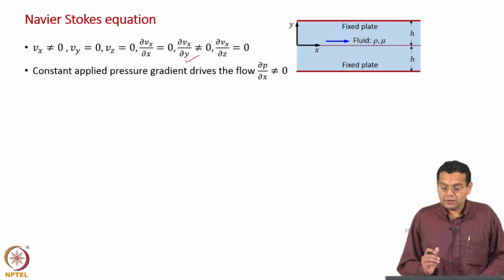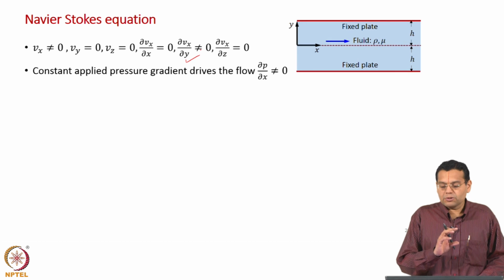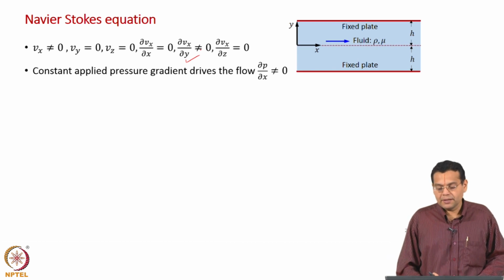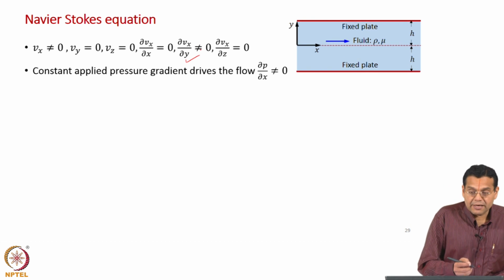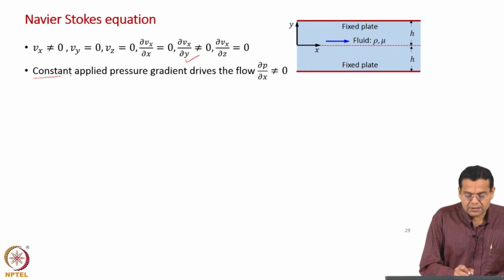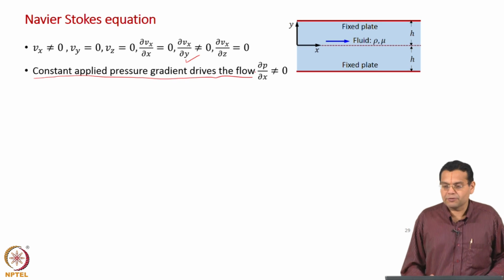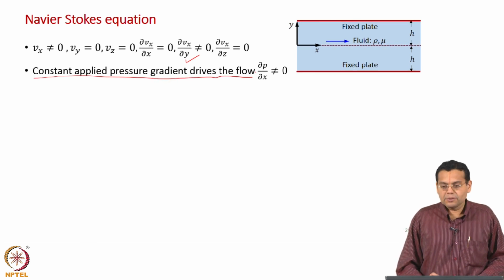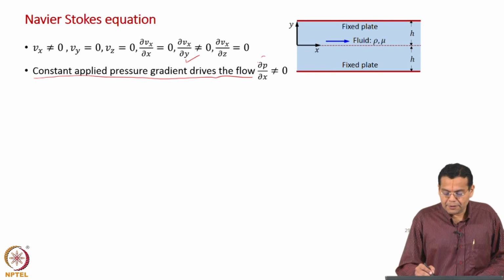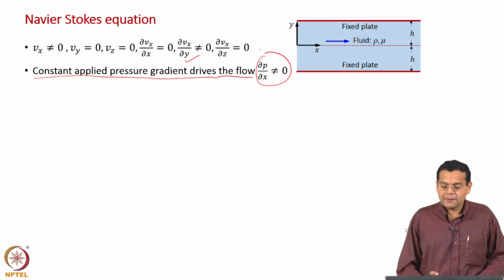In the first case, the planar Couette flow case, there was no applied pressure gradient, so there was no pressure drop along the length of the flow. In this case, this is where in fact we started the whole description, there is a constant applied pressure gradient which drives the flow. As I told you, you have a pump which pushes the liquid between plates. And dou p by dou x is not equal to 0. In the earlier case, there was no pressure drop at all, so dou p by dou x was equal to 0 in the case of Couette flow.